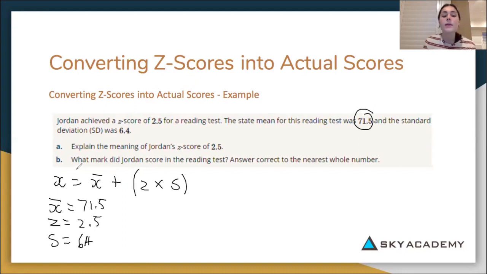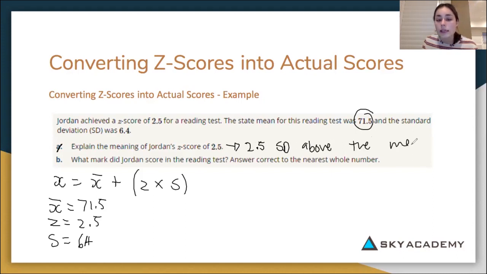Question A, explain the meaning of Jordan's Z score of 2.5. If you have a Z score of 2.5, that means that you were 2.5 standard deviations above the mean.